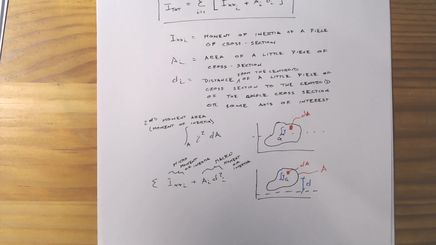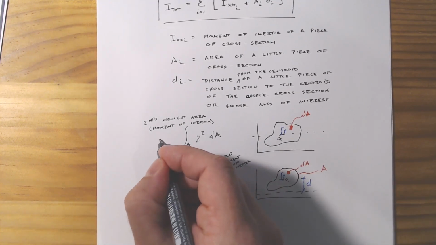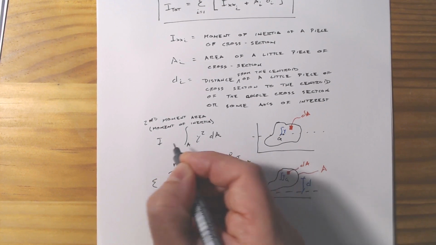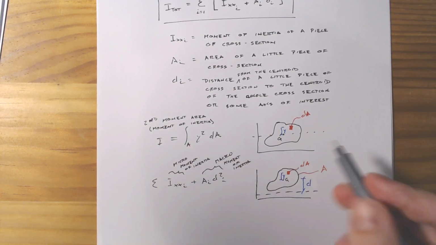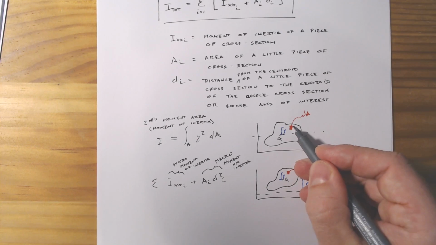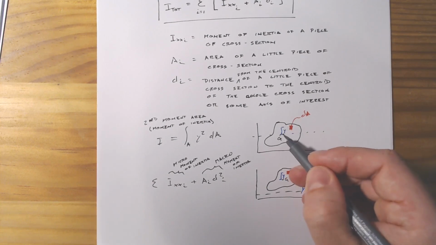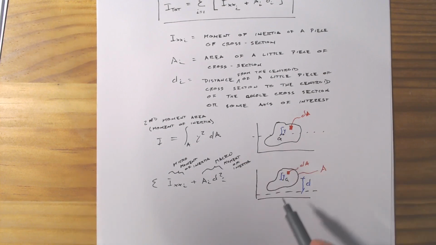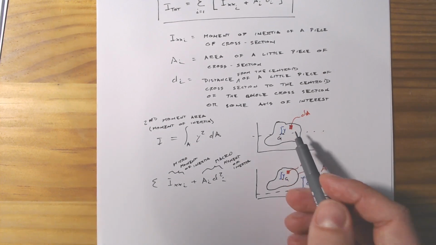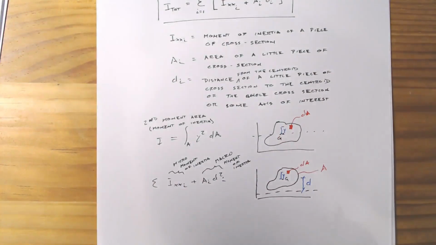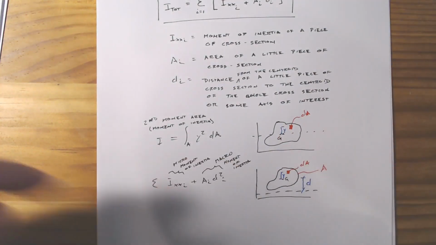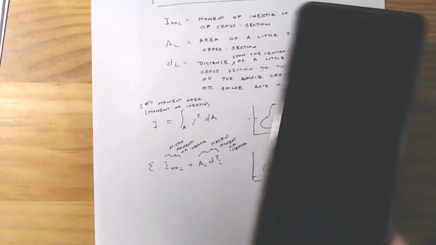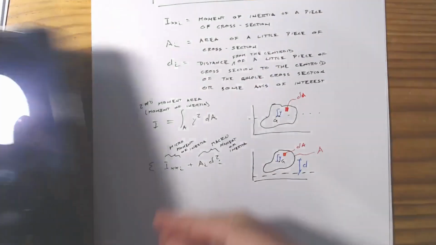Where really, upon inspection, we're doing much the same thing, where I equals, we take in some little area, multiplying by its distance to the axis we're spinning around squared. We effectively want to know that this thing itself can spin about its axis, and then it's got some additional effort to spin it around an axis which isn't its centroid.